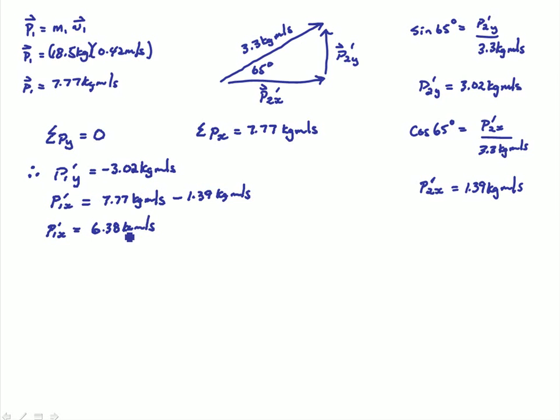Now that we have an x and y component for object 1, we can use Pythagoras' theorem to find that resulting momentum. So the momentum of object 1 is going to equal the square root of negative 3.02 kilogram meters per second squared, using Pythagoras' theorem, plus 6.38 kilogram meters per second squared.